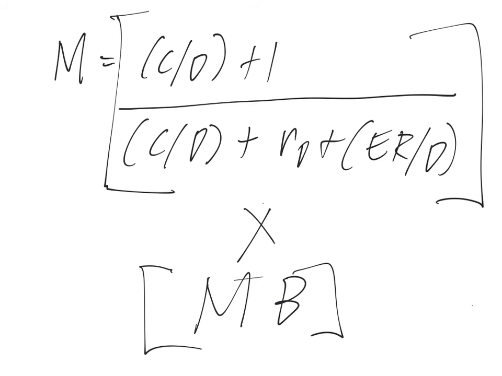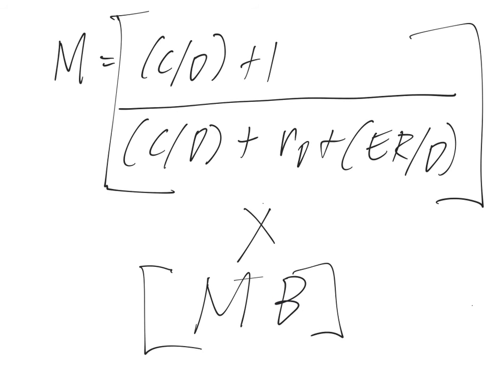The intuition is that excess reserves sort of have the same drag effect as required reserves. It slows and reduces the amount of money multiplication because banks are taking money out of circulation, out of the money multiplication process. So that's case number 2, where RD is a positive number and ER is a positive number. So we sort of get the intuition there. More excess reserves make the money multiplier smaller.